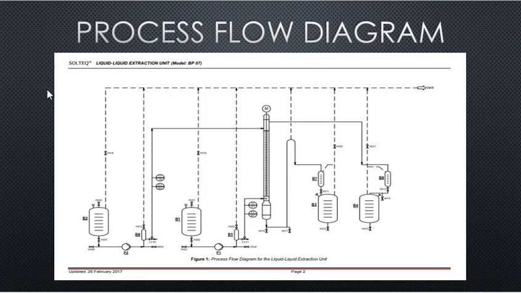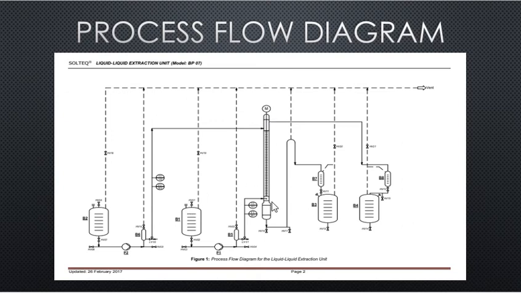So this is what we call the process flow diagram, or PFD. The first one is the feed vessels, B1 and B2. These two vessels contain the feed, which is the solvent and the mixture, or solution.